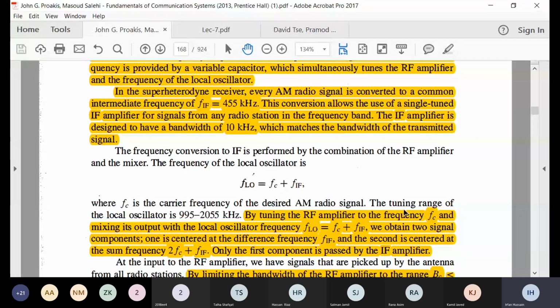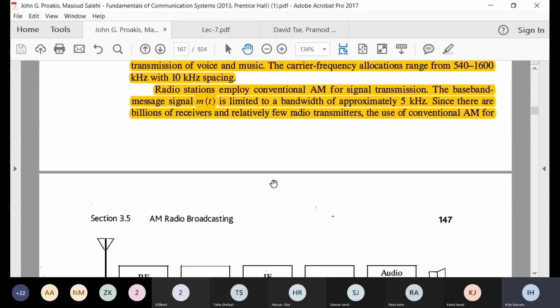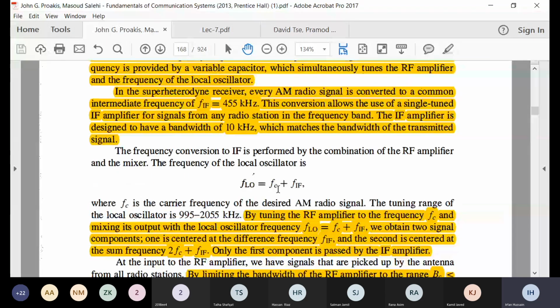So this means the tuning range of the oscillator will be, FC is going roughly from 540 to 1600, the exact value. So your LO will go from 540 to 1600 plus 455.